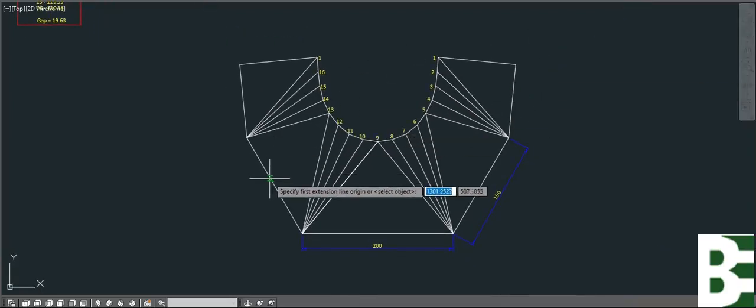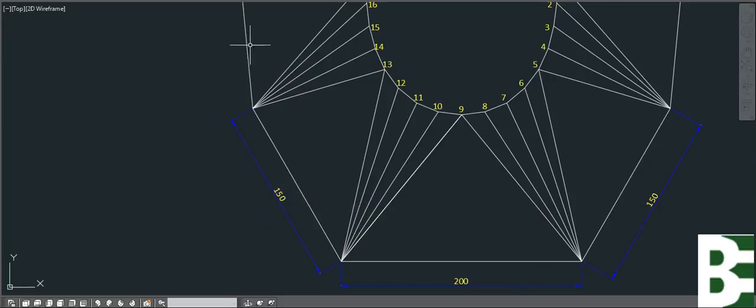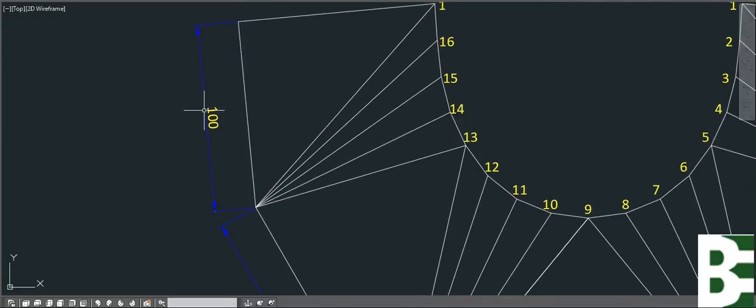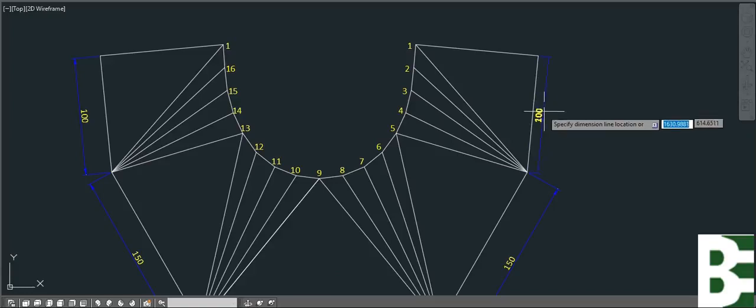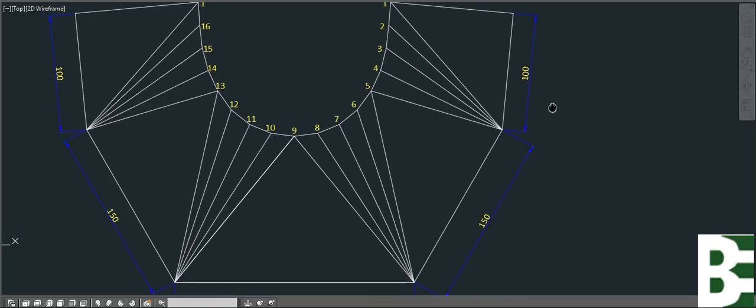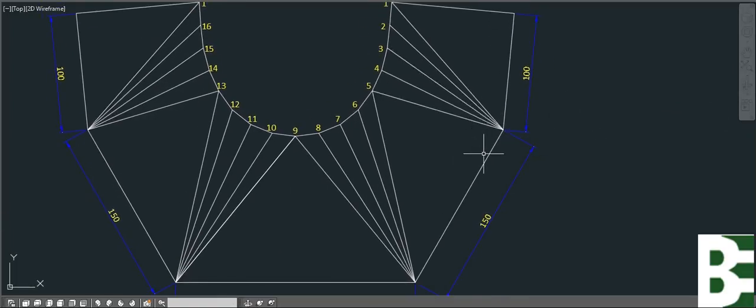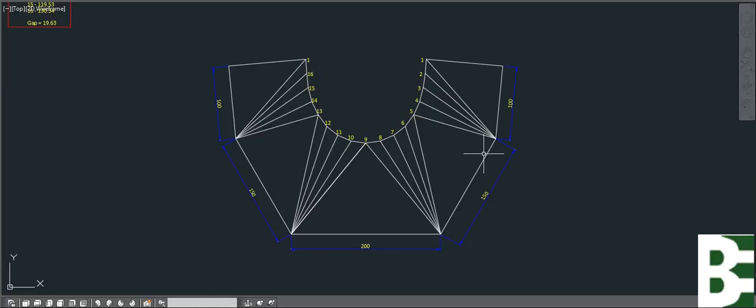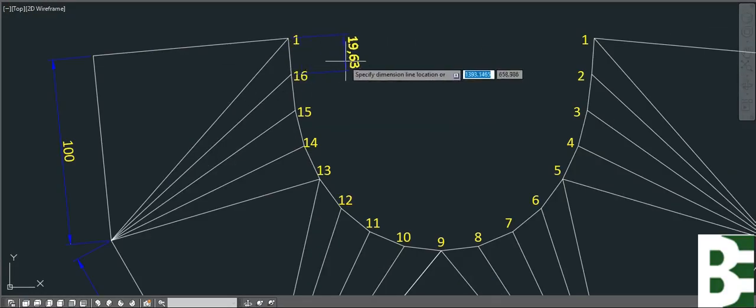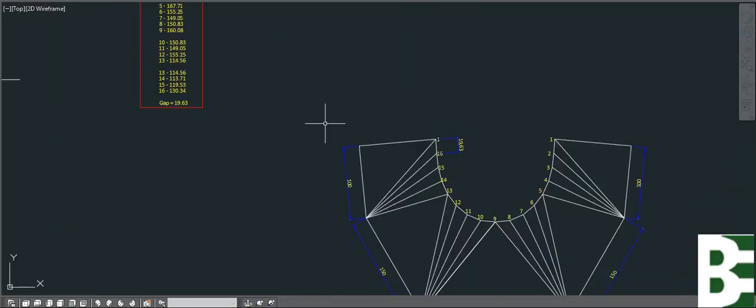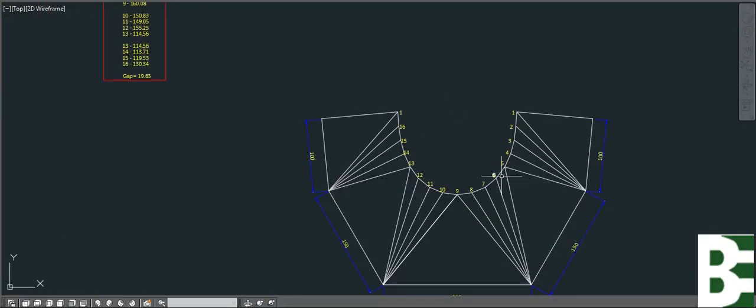Now this is my final segment, and this is 100 millimeter, and this 100, when they will match with each other, it will become 200 millimeter. So this is my final segment drawings. You can mention the dimensions for the fabricator for fabrication purpose. Thank you for watching the video.